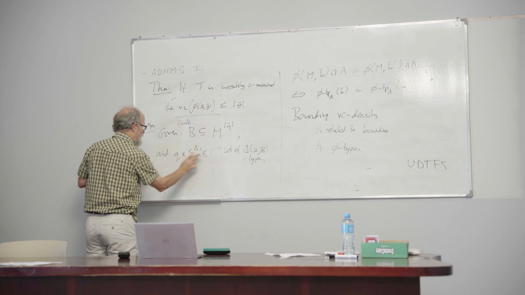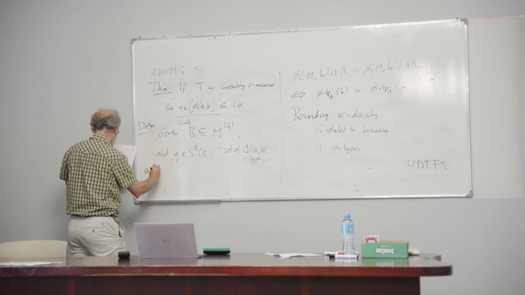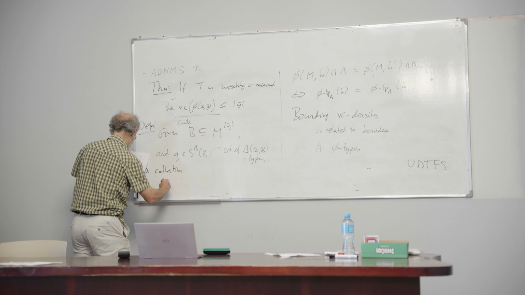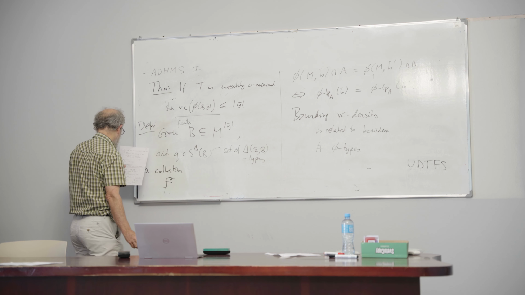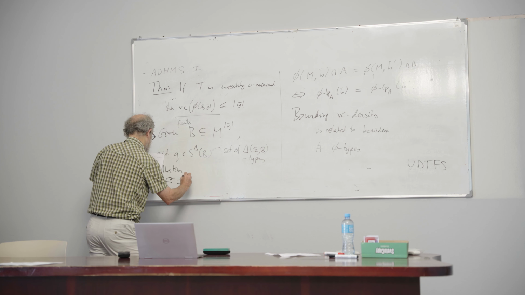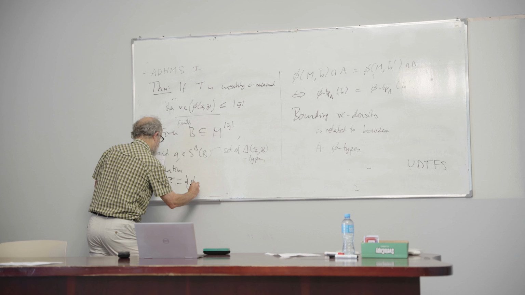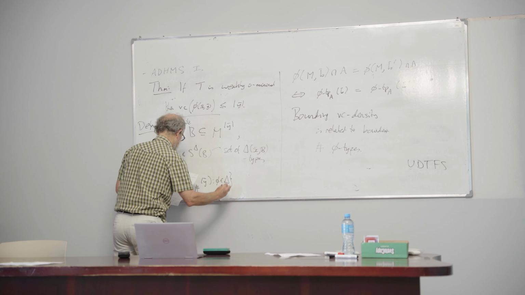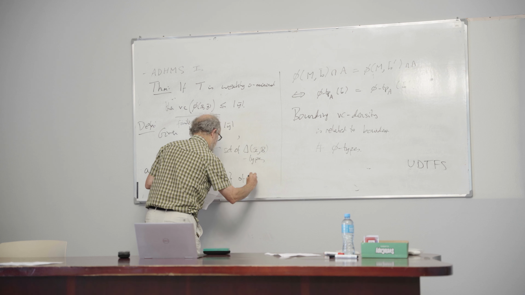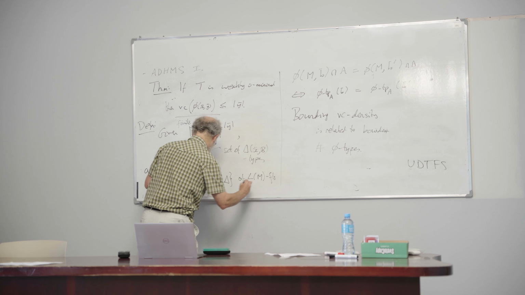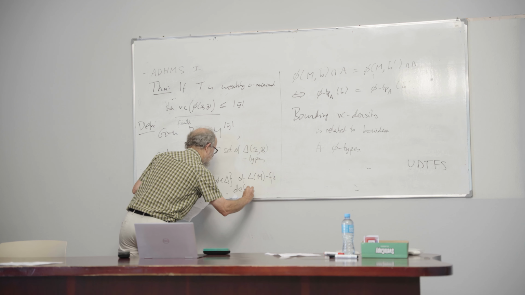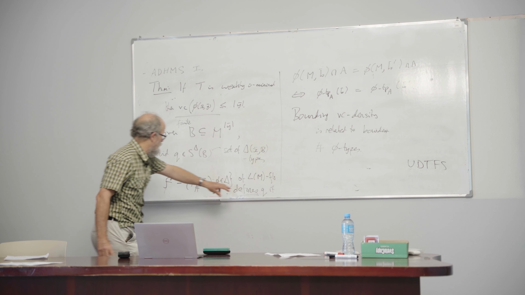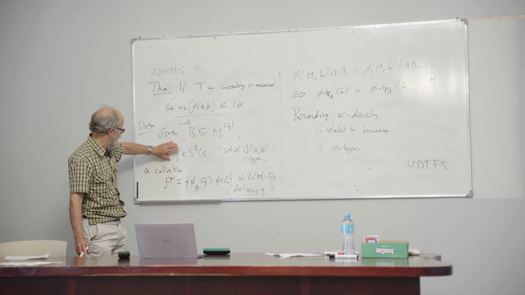So this is the definition I'm giving here. Given B and a type like this, a collection F, which is going to be a collection of formulas, say phi sharp of y bar for phi in delta, these will be LM formulas, defines Q if... so I'm giving a notion of one of these types being definable.